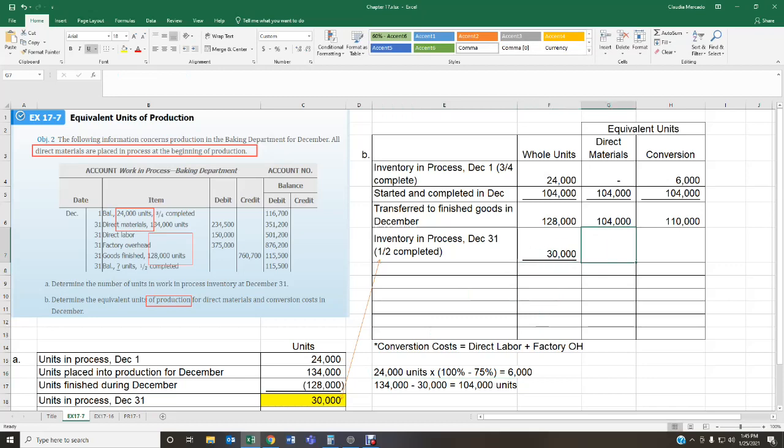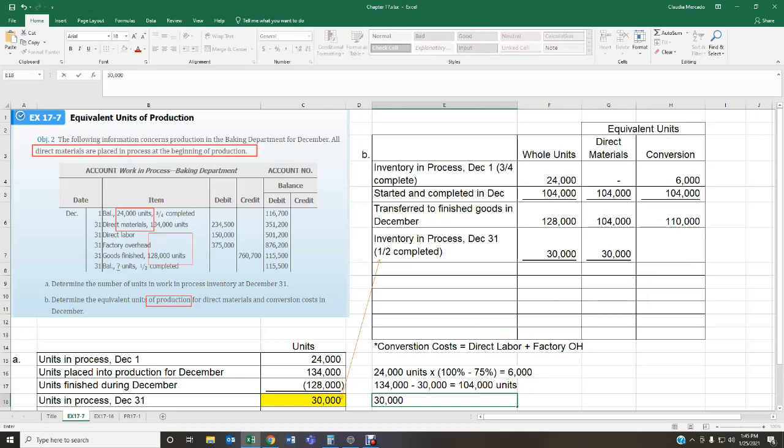When did you start production of those goods? This month. Because it's this month, the month that you put the items on production is the month that you're going to add your materials. So I'm going to add my materials of 30,000. And then we're going to calculate our conversion cost. Now remember, these are half completed. So to calculate our conversion cost, I'm going to get the 30,000 units times half, or 50%, whatever you want.